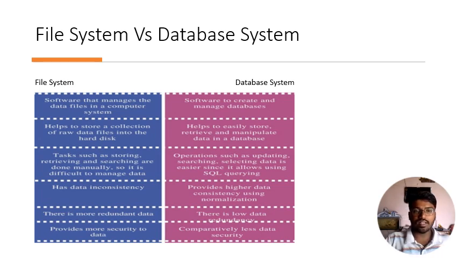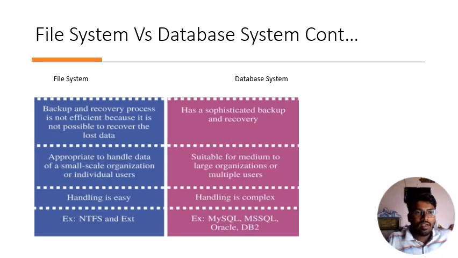Moving on to the next slide. In file system, data backup and recovery process is not efficient because it is not possible to recover the lost data. Database system has systematic backup and recovery. File system is appropriate to handle data of small scale organizations or individual users.